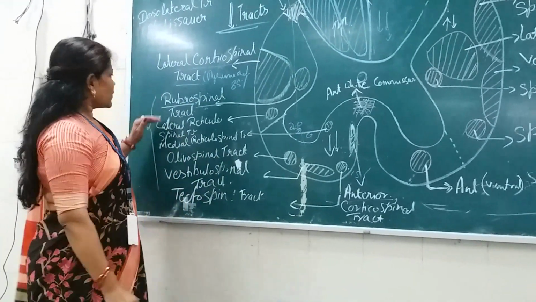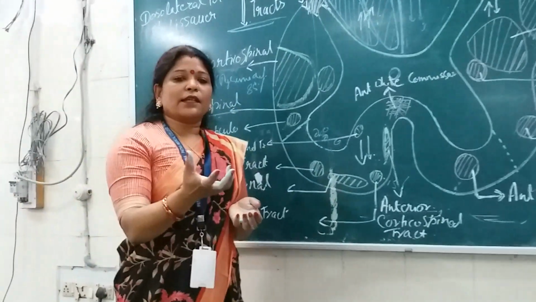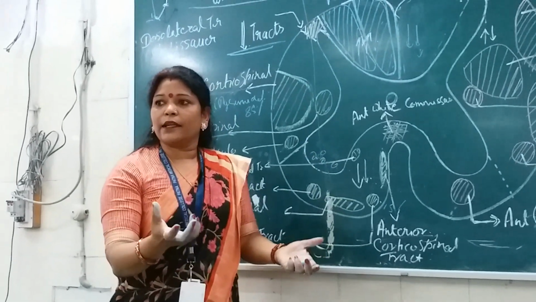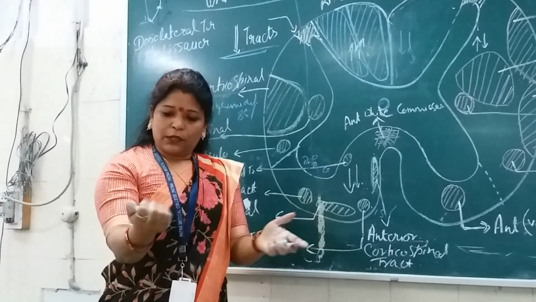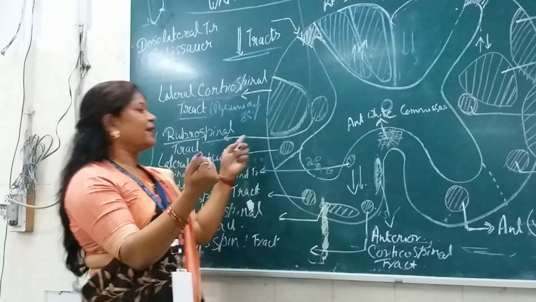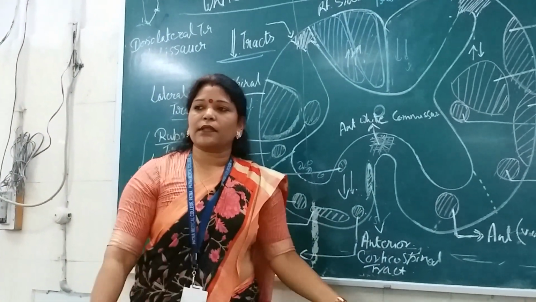Okay. The function of the rubrospinal, what does it do? What is the function then of these descending tracts? Again, for the muscles, voluntary control, but it is not doing like that. It has an excitatory effect on the flexor group of the muscles, and an inhibitory effect on the extensor, anti-gravity muscles.